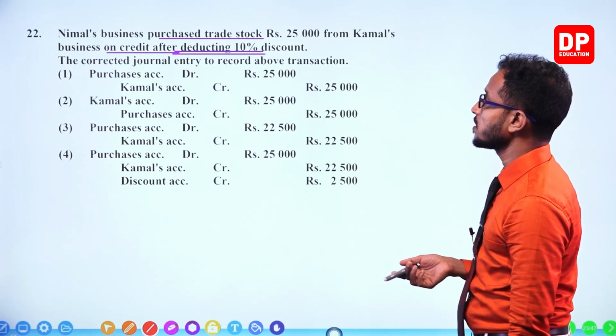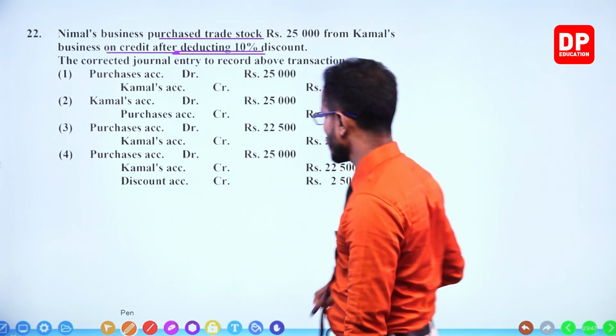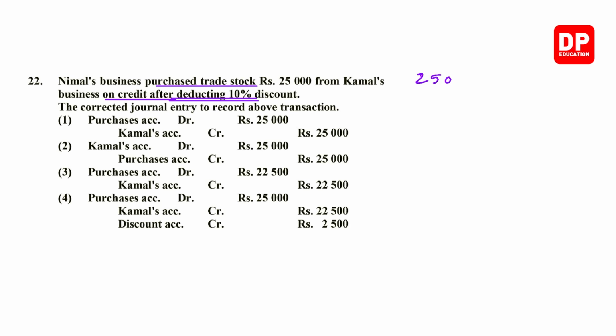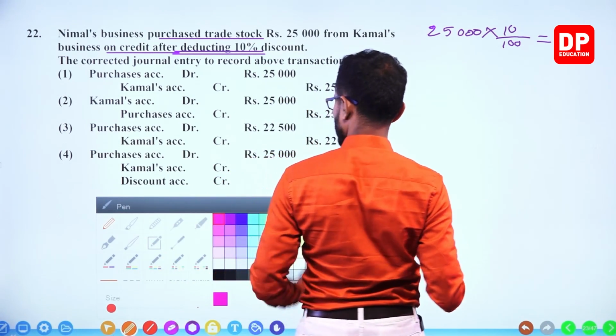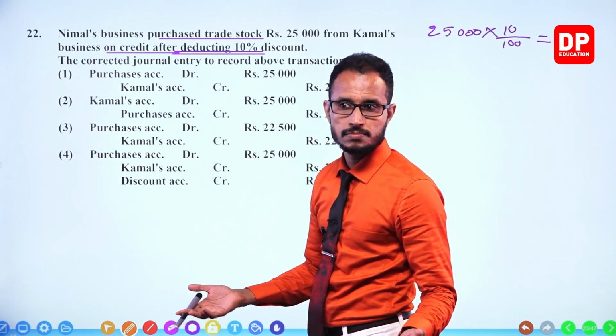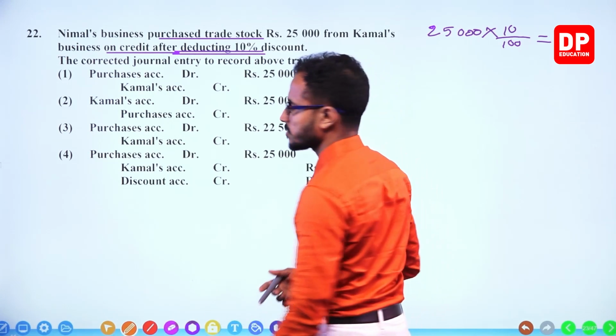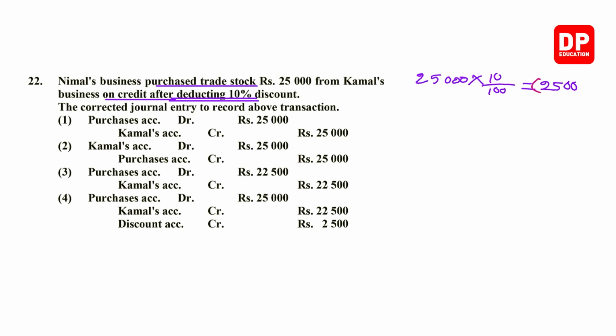So 10% of 25,000, 10 over 100, is 2,500. That 2,500 should be deducted now, because it is a discount. This 2,500 should be subtracted.